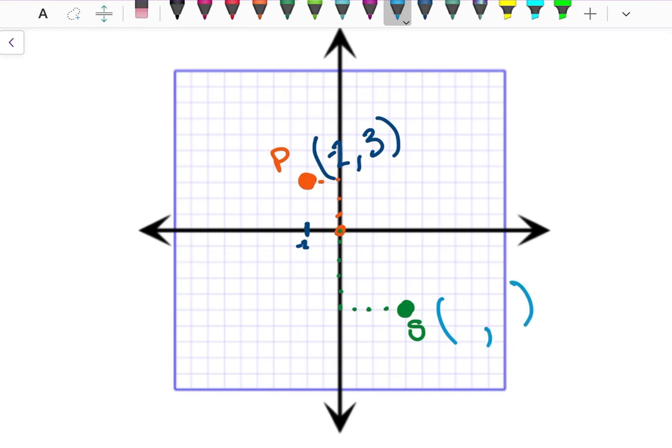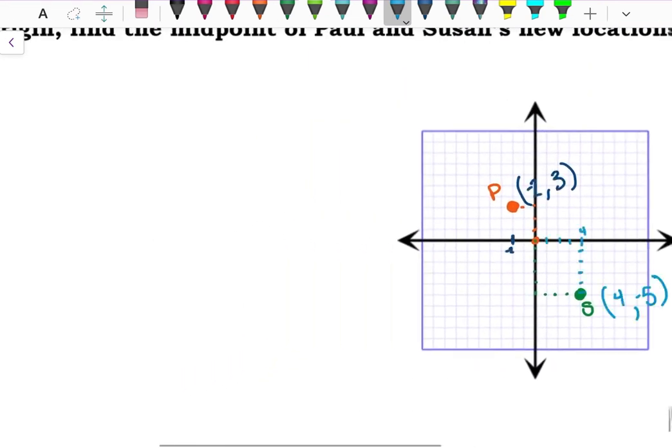We need an X and a Y. Our X is going to be 4, because we moved over 4 on the X. And then we went down 5 on the Y, so that's -5. Okay, write down my points over here. We've got -2, comma 3, and then we've got 4, comma -5.